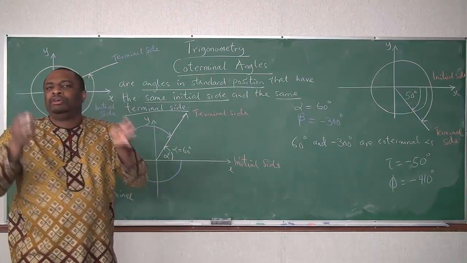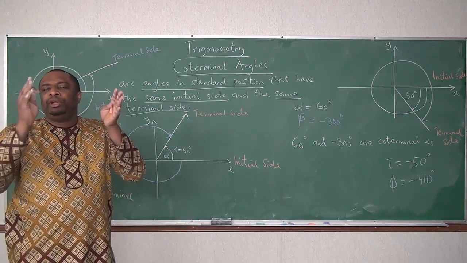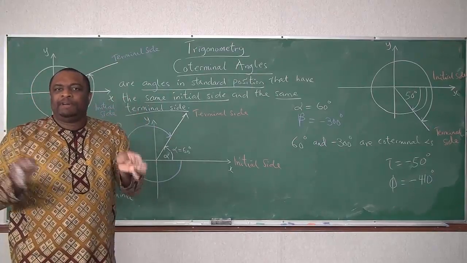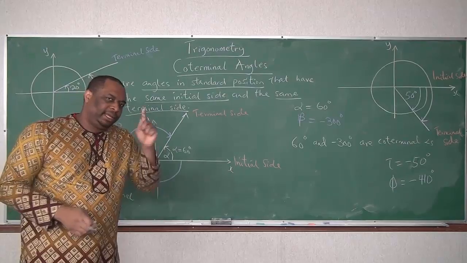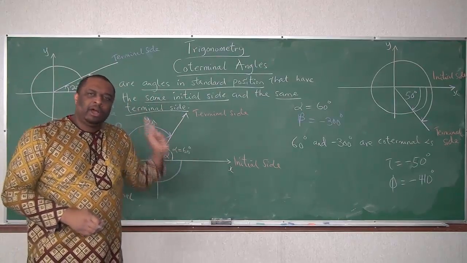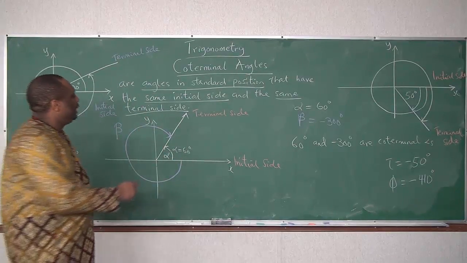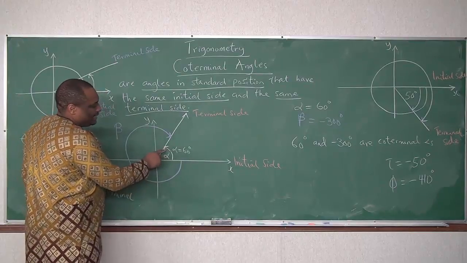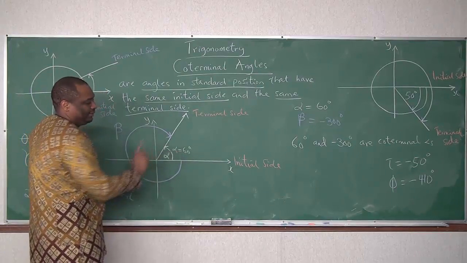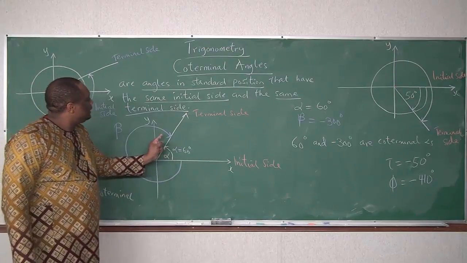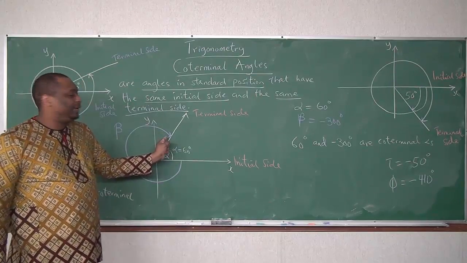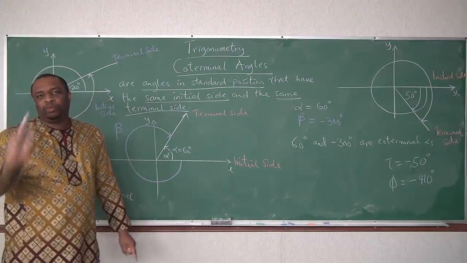If you want to know the quadrant of an angle, you have to find where the terminal side of the angle lies. So this is the terminal side of the angle. 60 degrees is in quadrant 1 or first quadrant. This is the terminal side of the angle. Negative 300 degrees is in the first quadrant.